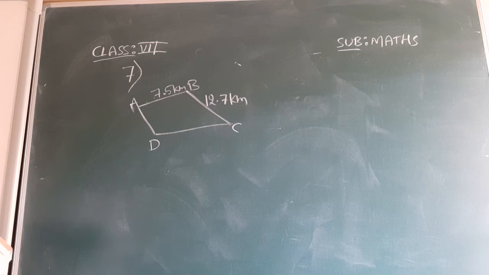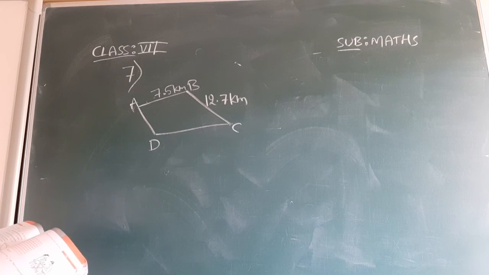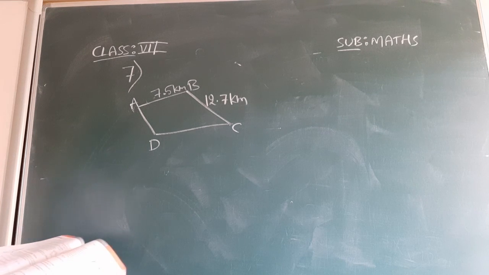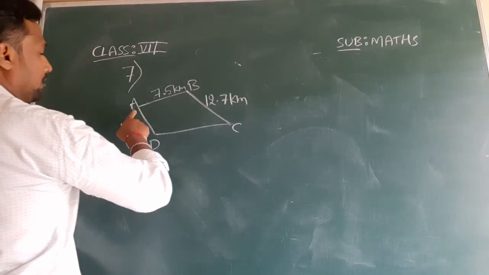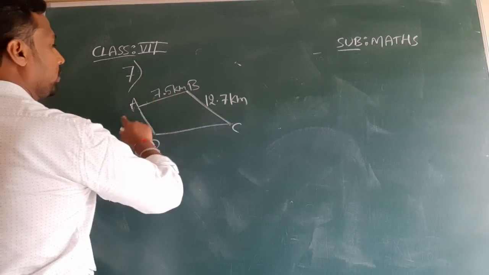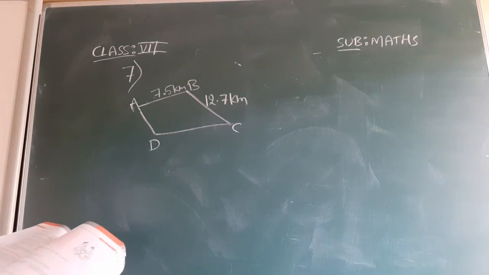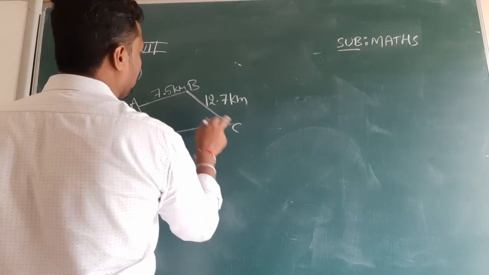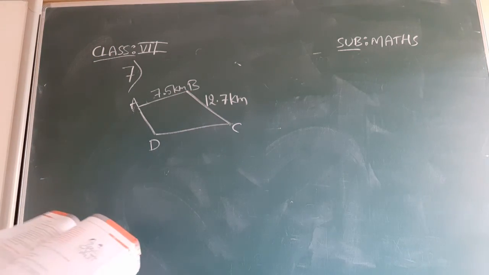Ayub went from place A. Another person, Dinesh, went from place A to B and from B to C, where the distance between A and B is 7.5 km and the distance between B and C is 12.7 km.